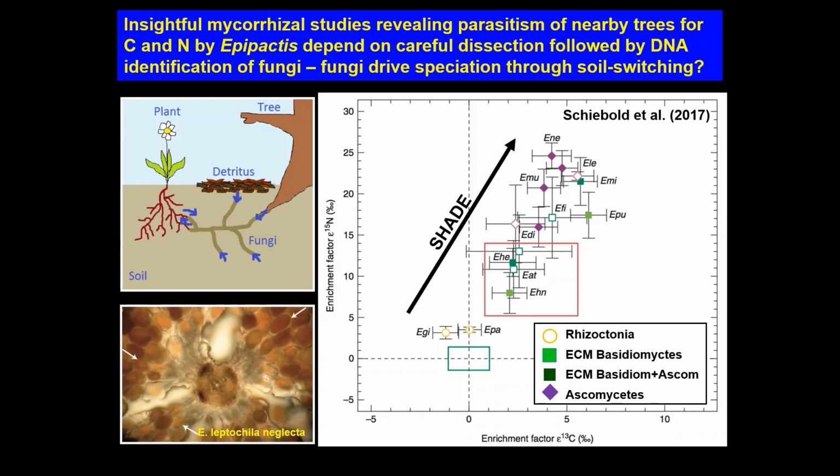But as you work your way up through Epipactis helleborine, towards the top right of this diagram, through helleborine and purpurata into various forms of leptochila and youngiana, you see that more and more of the nutrition in these orchids is coming from adjacent trees. And interestingly, at the same time, the preferred habitat of those orchids is becoming shadier and shadier. There's less and less opportunity for photosynthesis.